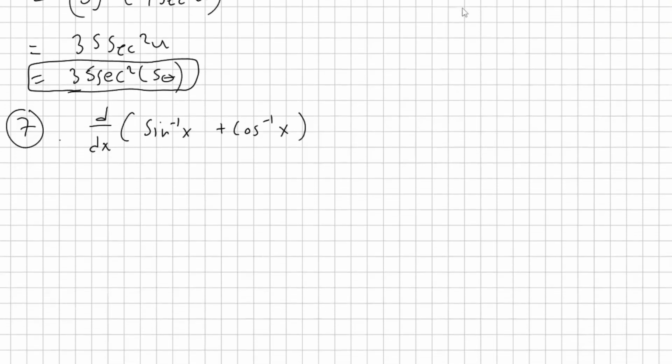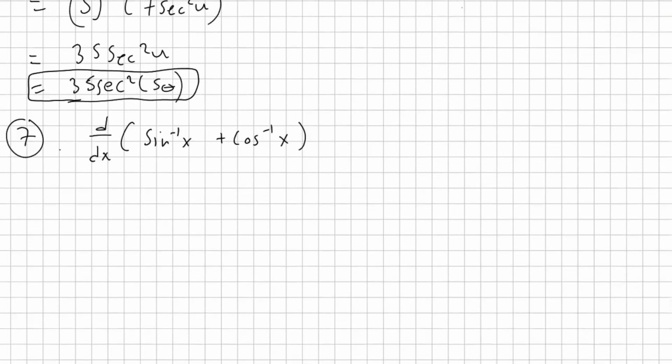We've got d over dx, the derivative of sine inverse of x plus cosine inverse of x. So we can first take the derivative of sine inverse of x and then take the derivative of cosine inverse of x and see what happens. The derivative of sine inverse of x is equivalent to 1 over square root of 1 minus x squared.